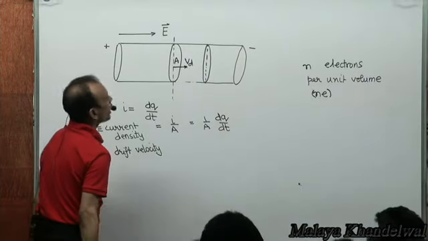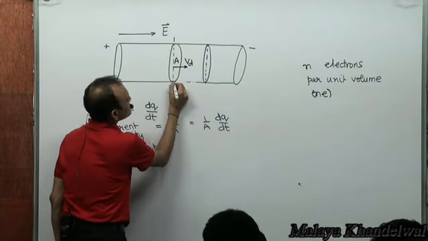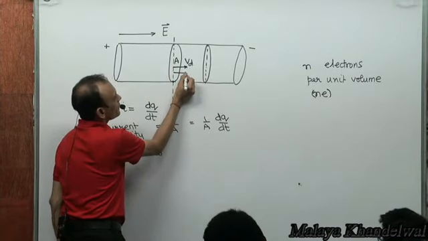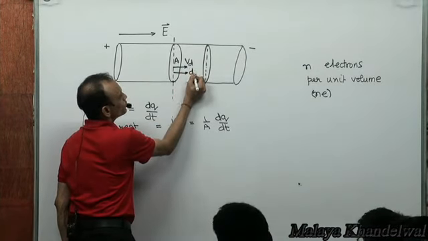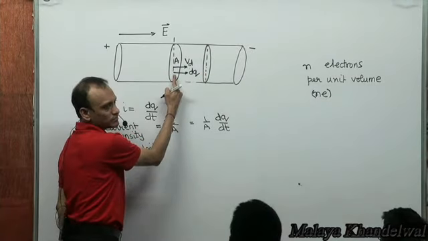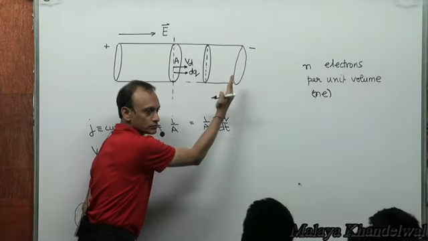So now what I do is, say in a small time dt, an amount of charge dq flowed through this cross section, right?